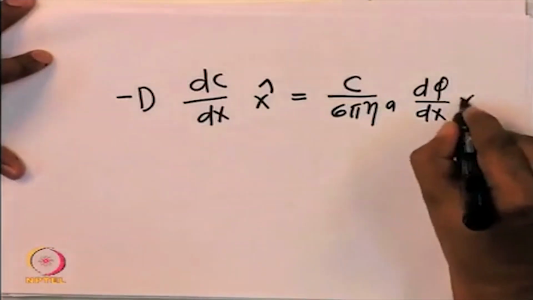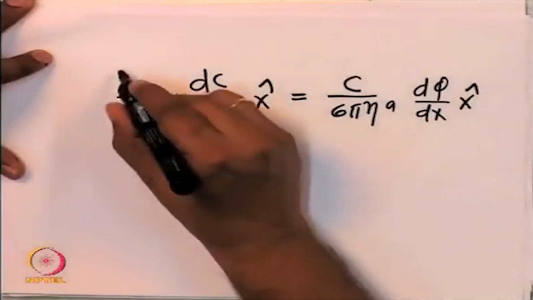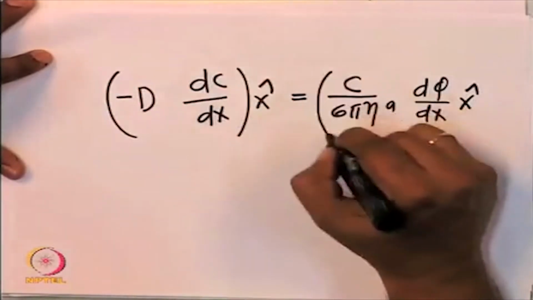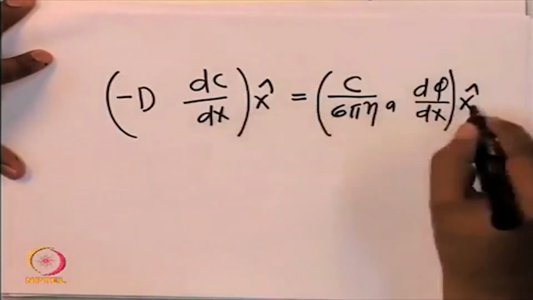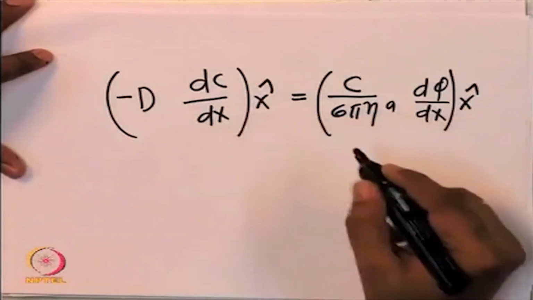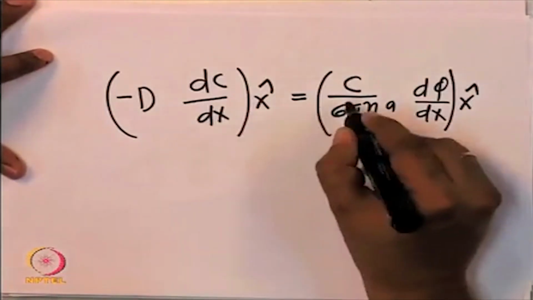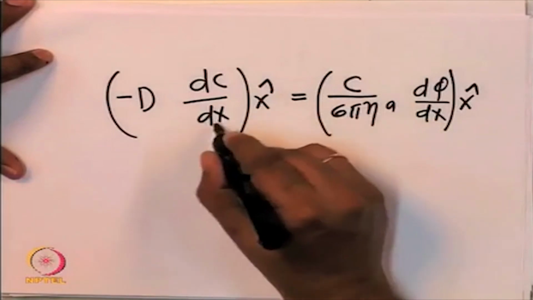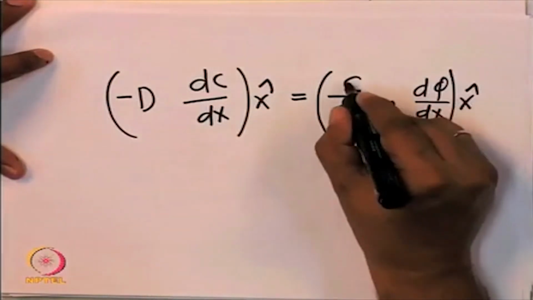This is also x cap. So, this quantity in the brackets, they will be equal. Now I can take this c here and this dx there.